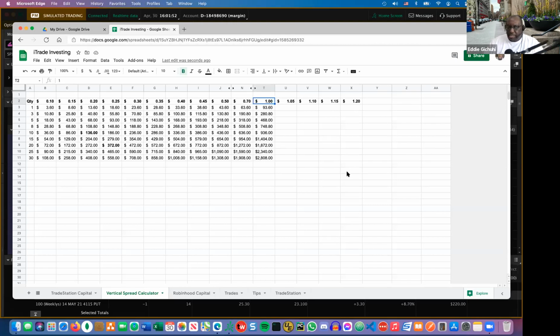So what exactly is our profit going to be? And my spreadsheet here says that it is going to be $93.60. When everything settles, that is how much I will receive, $93.60 in my account, right?